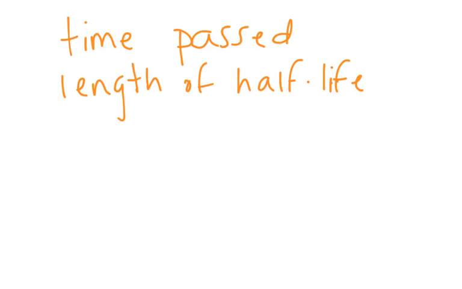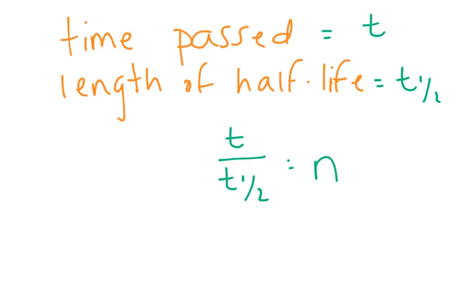Now, we're going to say that time passed is just t, and length of half-life is t 1/2. Well, in order to figure out the number of half-lives, you take t and you divide it by t 1/2, and that will tell you n. All right, so if you don't get a whole number here, then you've done something wrong. Most likely you mixed up t 1/2 and t.